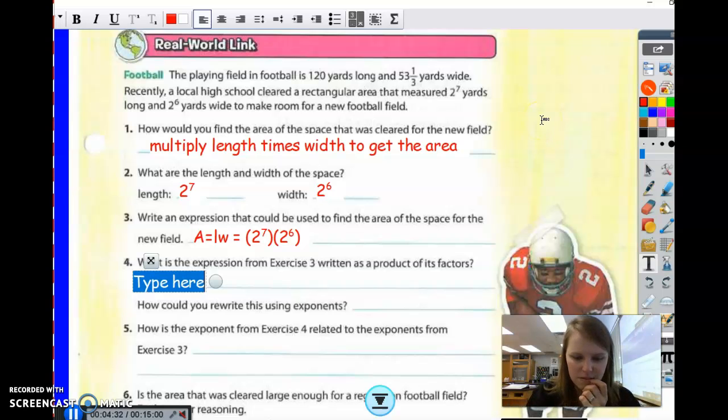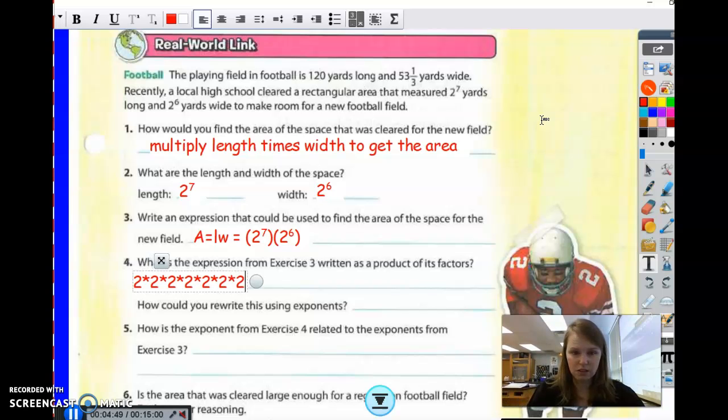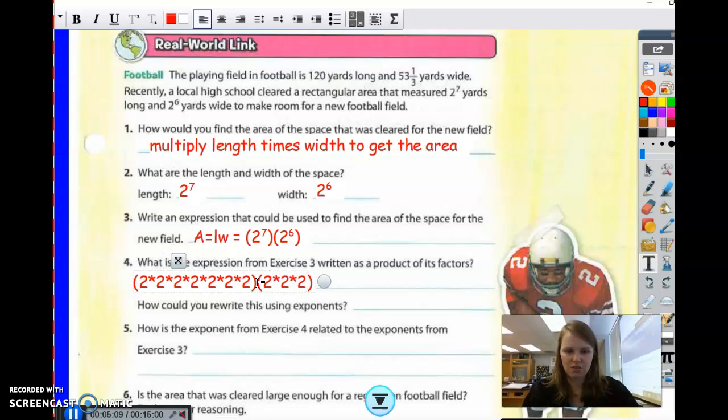A product of its factors means 2 to the 7th power would mean 2 times 2 times 2 times 2 times 2 times 2 times 2, right? 2, 3, 4, 5, 6, 7. And then that whole thing, so I'm going to put this in parentheses, because that's 2 to the 7th. And now we need to do times 2 to the 6th. 3, 4, 5, 6.